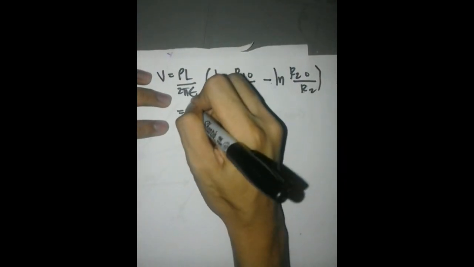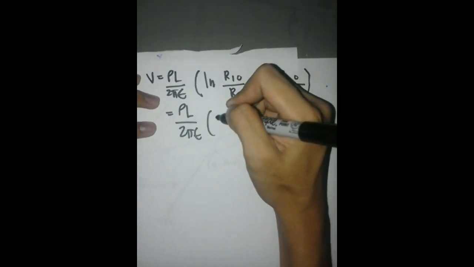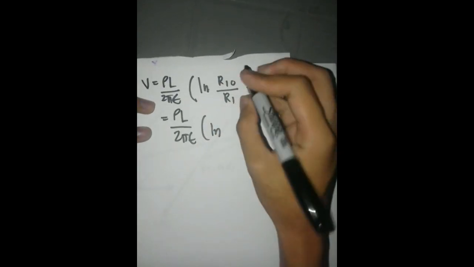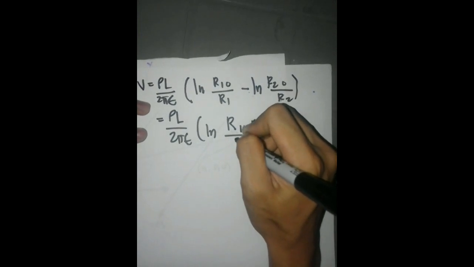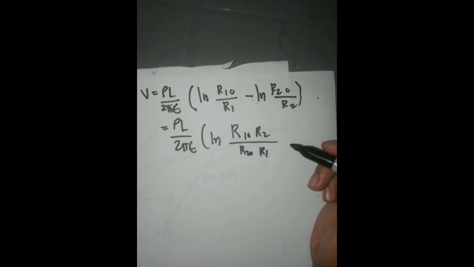We use this now: V equals rho L over 2 pi epsilon times ln R10 over R1 minus ln R20 over R2, which equals ln R10 R2 over R20 R1. We choose R10 equal to R20, thus placing the zero reference at equal distance from each line.